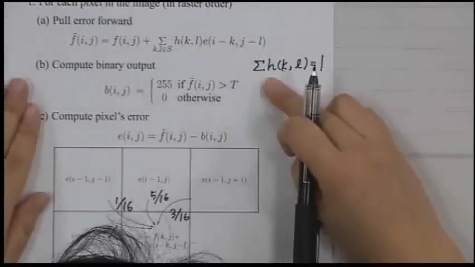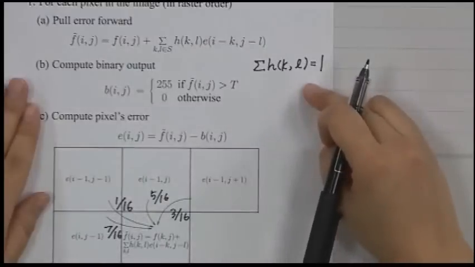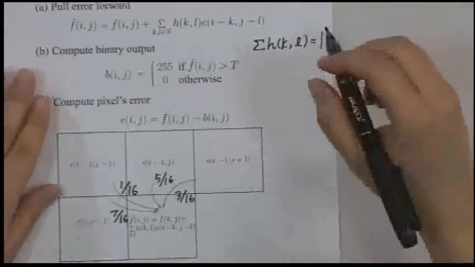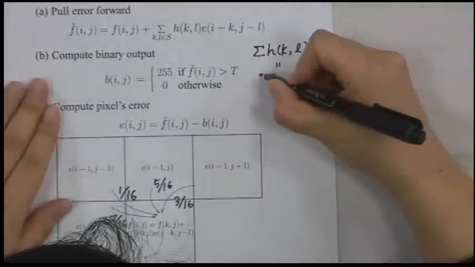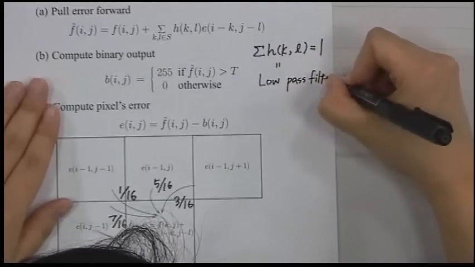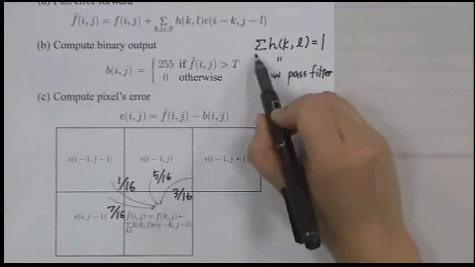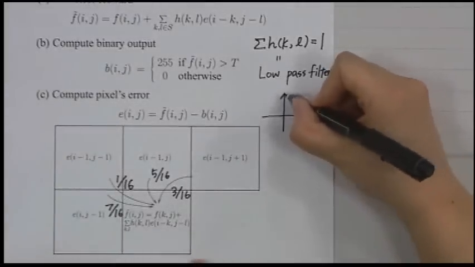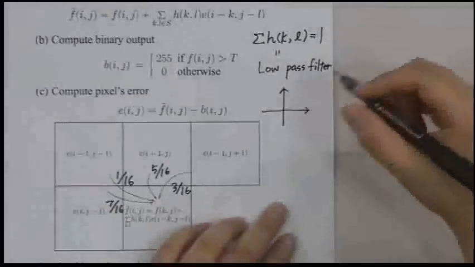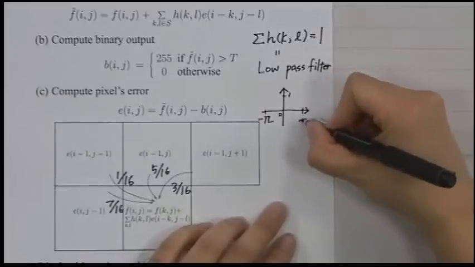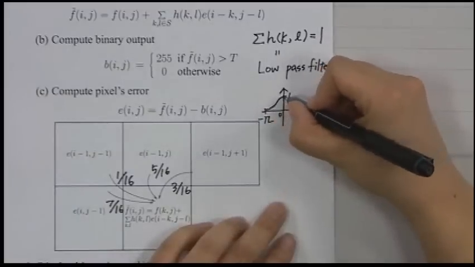Okay, sum of h equals 1. Is this a low pass filter or a high pass filter? Yeah, low pass filter. So this is a low pass filter. Because this is a DC component. So when we draw a spectrum, the DC component is 1 minus 1. So at least this is a low pass filter.